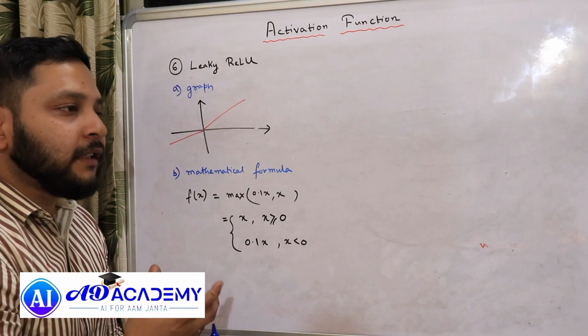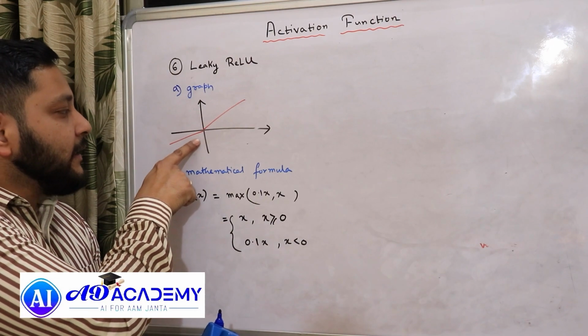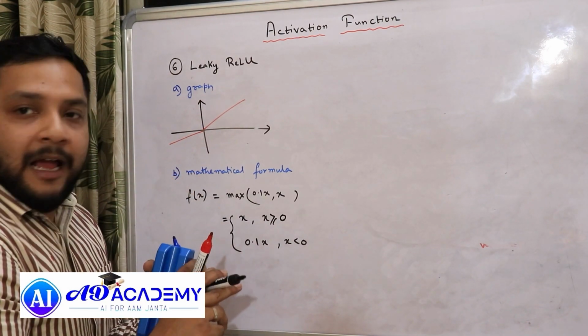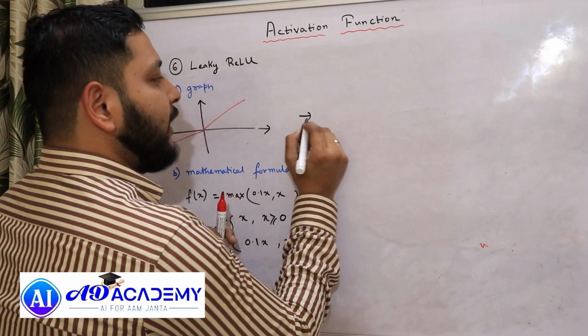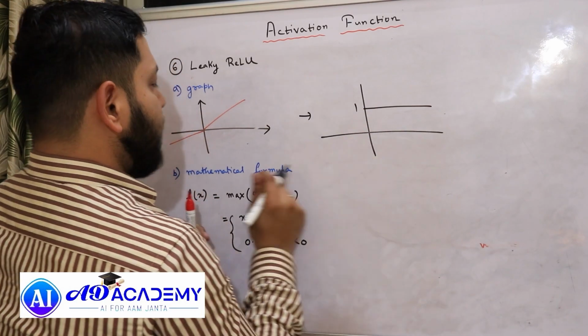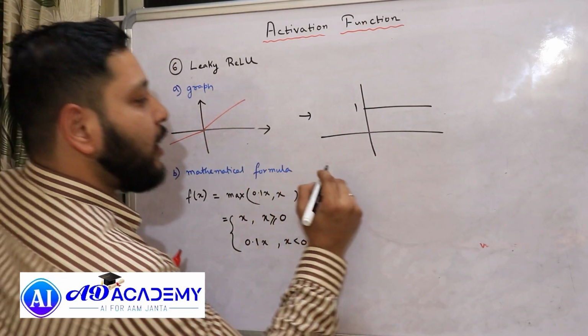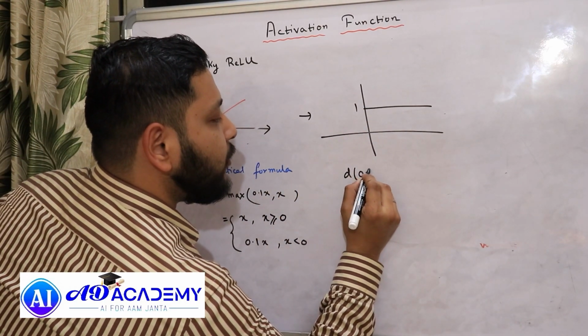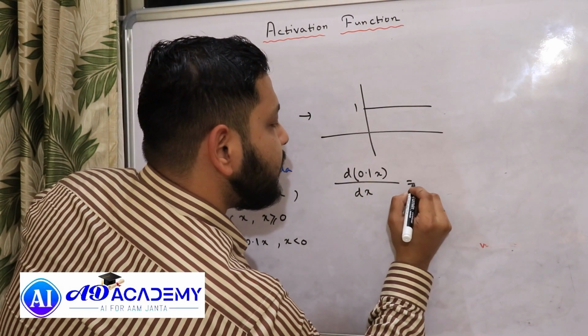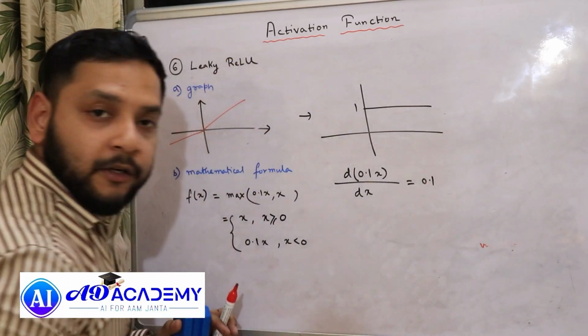So how it solves this dying ReLU problem is that in the negative direction it has some values, and as a result, when we take the derivative of this function in this region it will be like this, but in this region it will be a constant, because the derivative of 0.1x gives you a constant value.